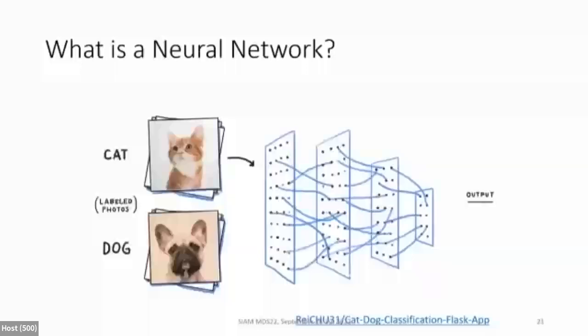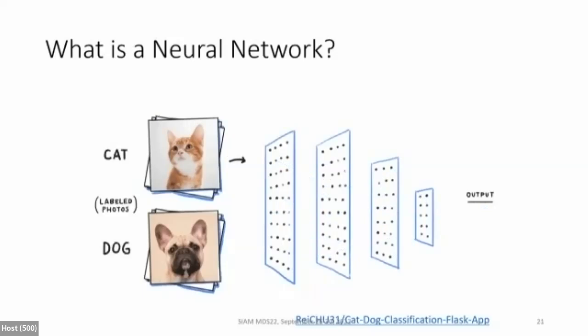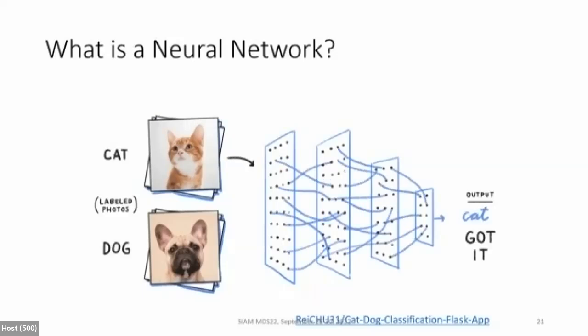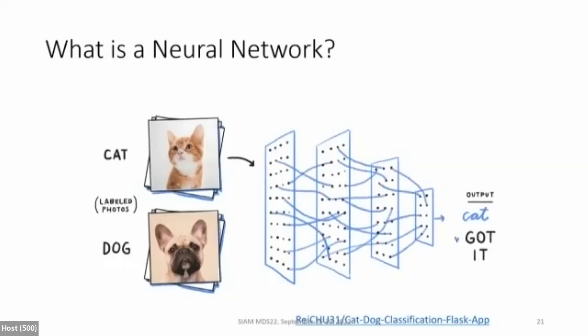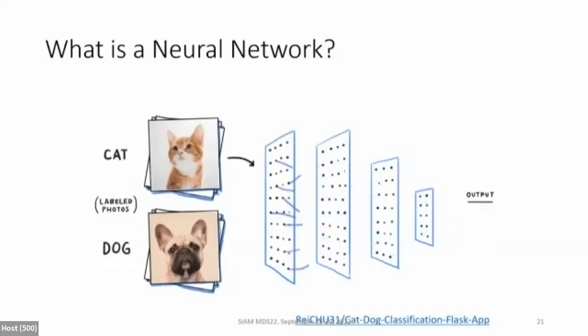Just to give a very simple example of image recognition, a convolutional neural network can take images as training and output a classification. In this case, do we see a cat or a dog in the presented picture?